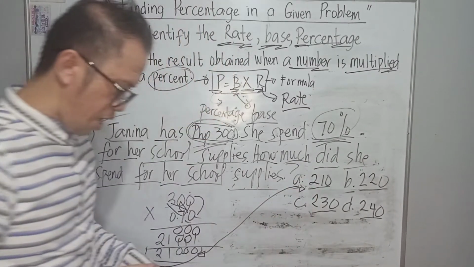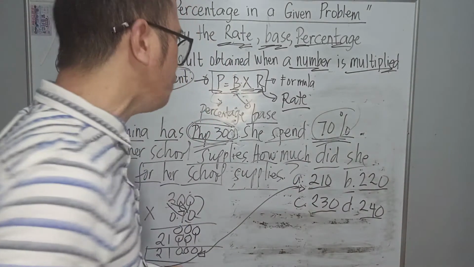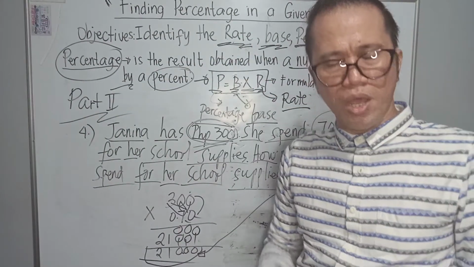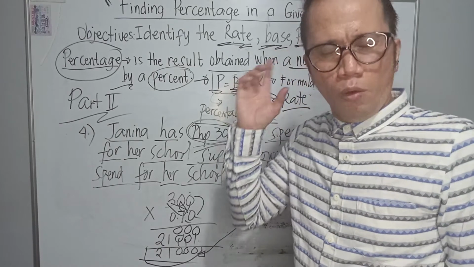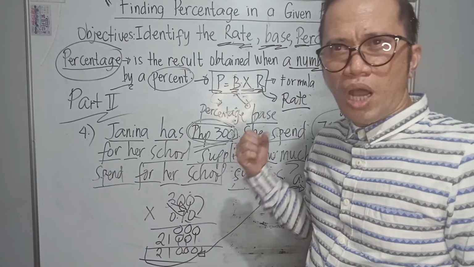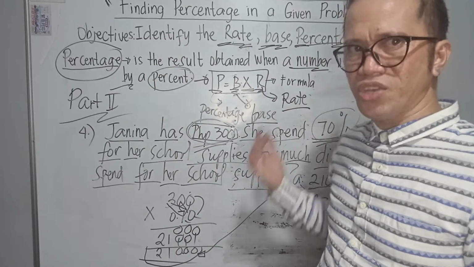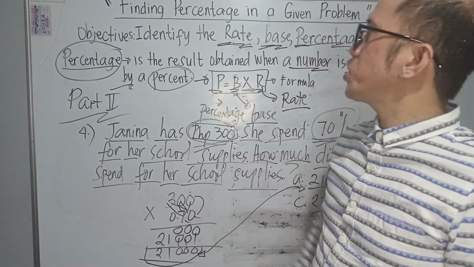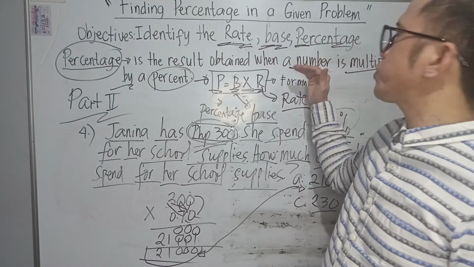So again, how do we solve it? In solving this, you need to comprehend the question. That is the most important thing. You need to understand what the objectives are. As we go further, we are going to identify the rate, the base, and the percentage.